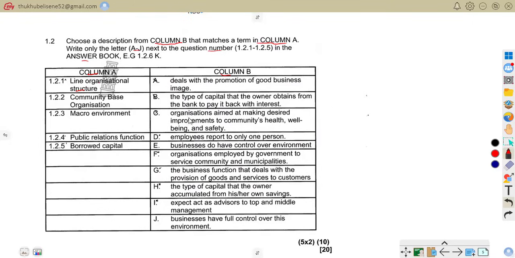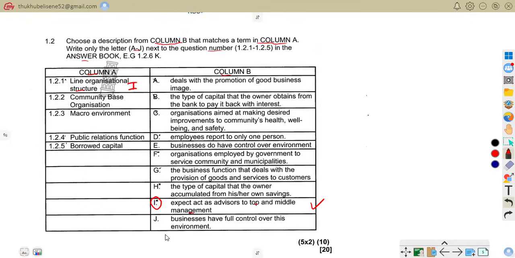So now we have to look at the description that matches this term. You can see that I is the correct answer.